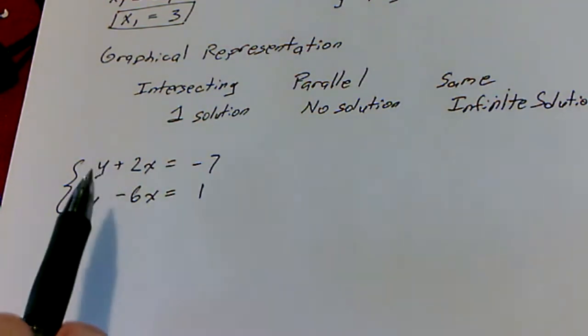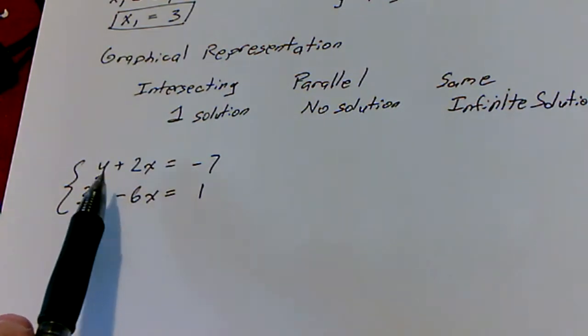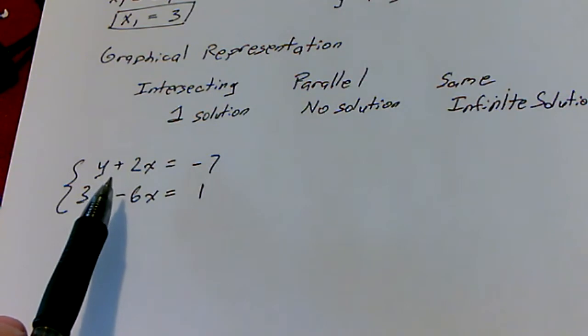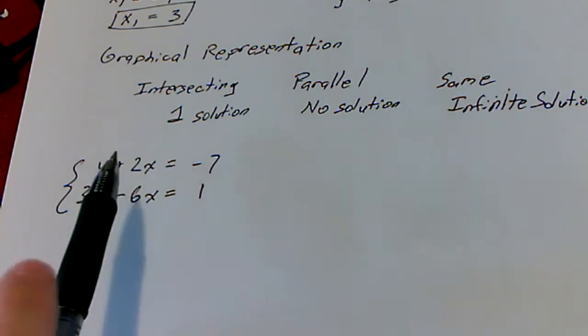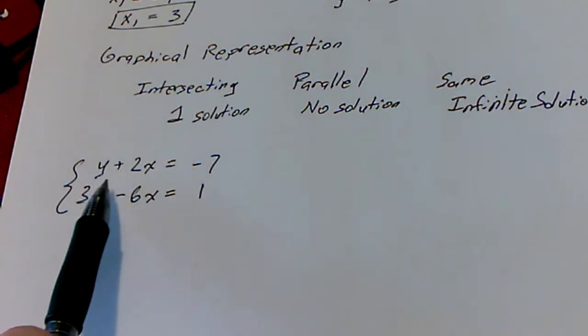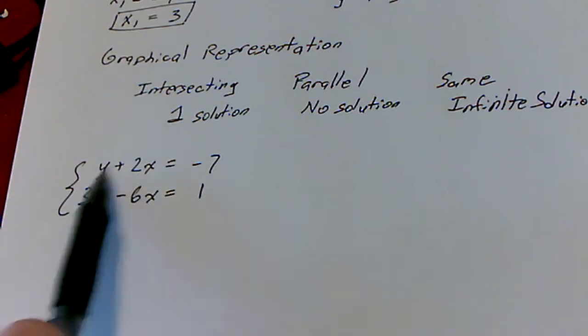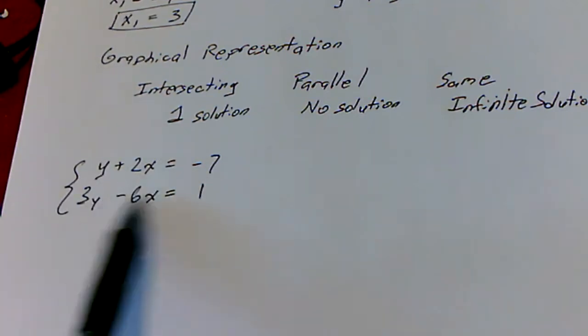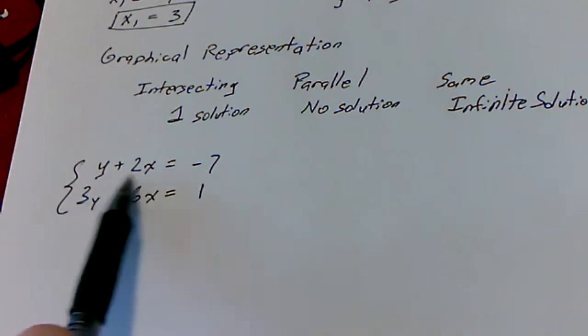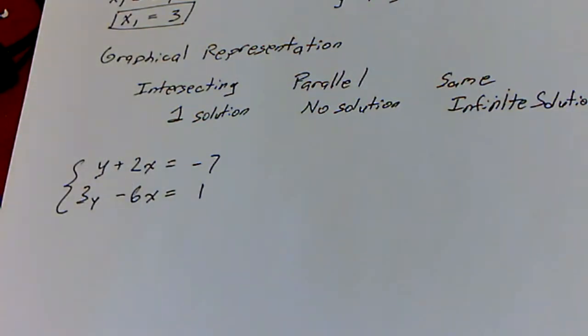As I look here, we're going to use a part of an elimination method that's going to give rise to some stuff we're going to do with matrices in a second. The numbers on the left side here are 1y and 2x, but down here it's 3y and 6x. So these are different by a factor of 3.